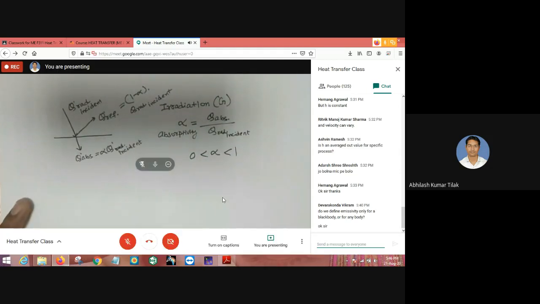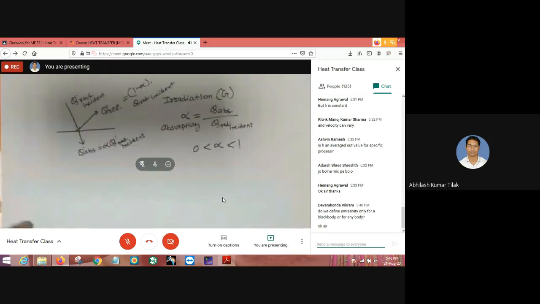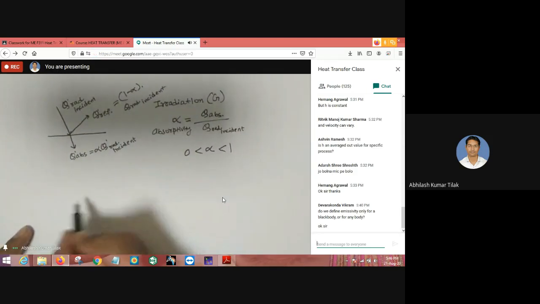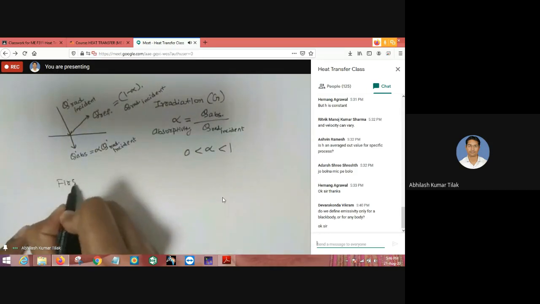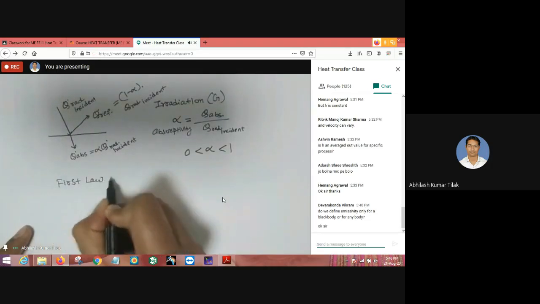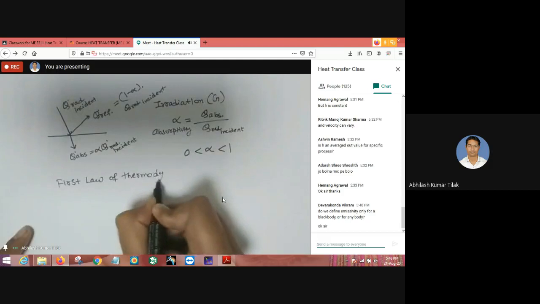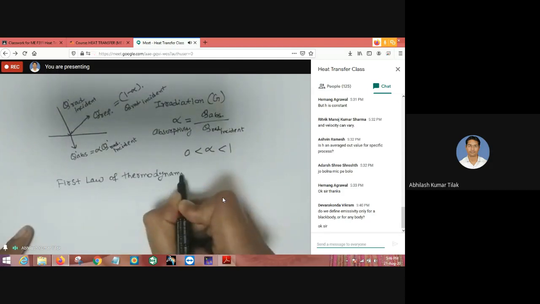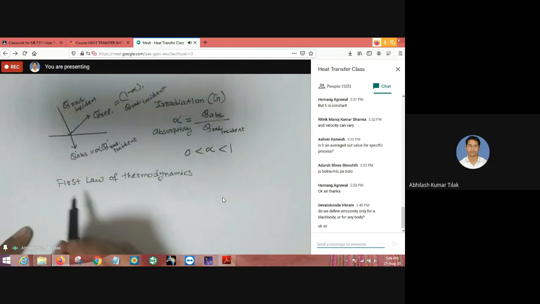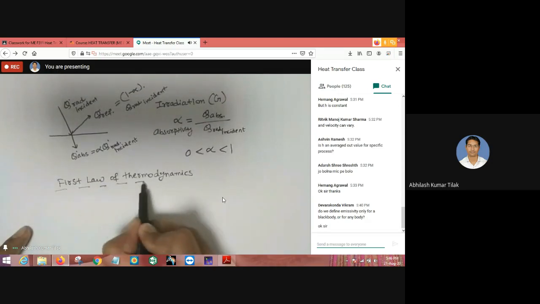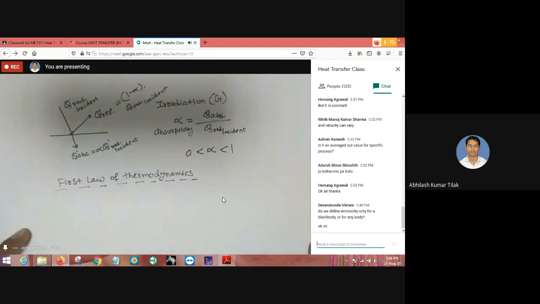Now we will move forward to the next topic, that is the first law of thermodynamics. This subject, heat transfer, is just an extension of thermodynamics.